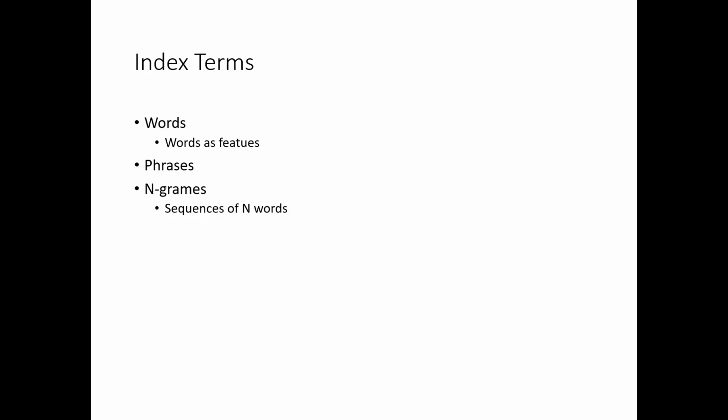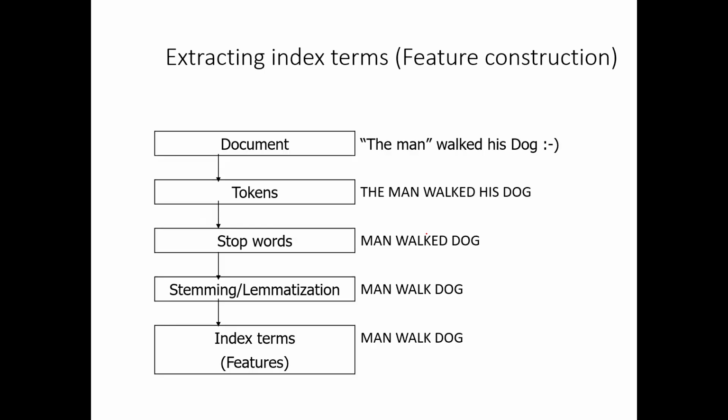Right. Now that we have an understanding of the index terms, let's quickly look at the whole pre-processing pipeline. Ideally you start with all the text content. We have some other characters, different capitalizations, emojis.